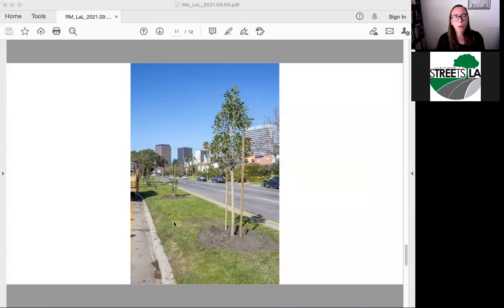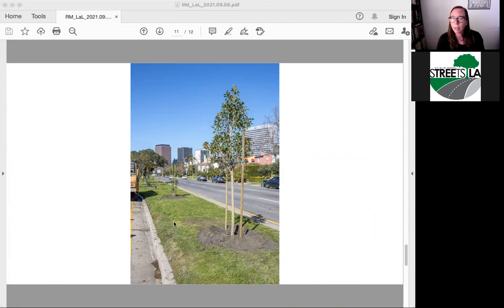And we've talked quite a bit about median islands, and I'll just flag that by and large, the list that we developed was intended just for the public right-of-way, the parkway spaces. We weren't looking at a list specific to medians, and I know that there's been a lot of conversations with CFAC members and city staff about the potential that landscape median islands could pose for our urban forest and for biodiversity goals.